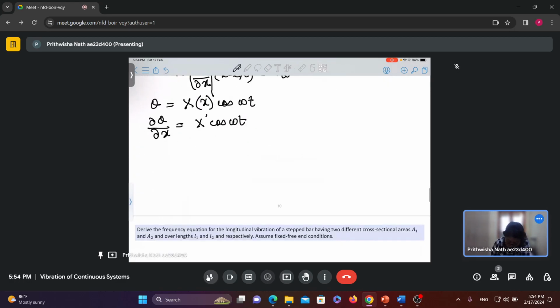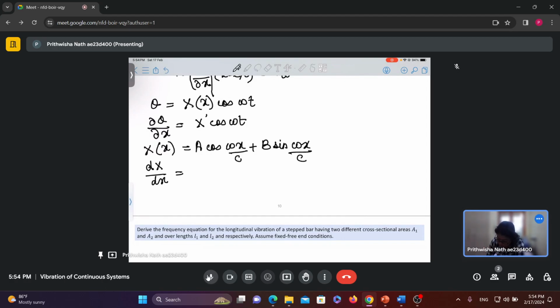Now I differentiate this equation. Now x, I write x first. X was given as a cos omega x by c plus b sin omega x by c. Now I can differentiate this. So what will I get from this?